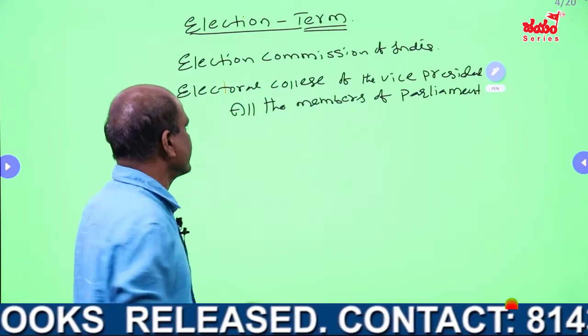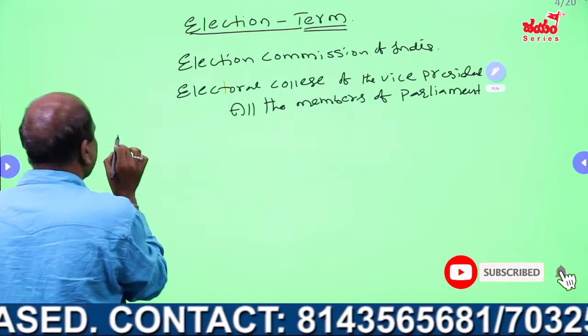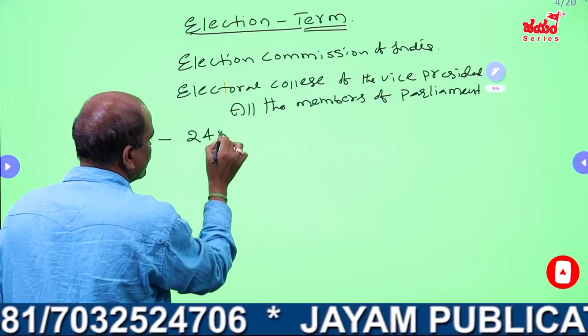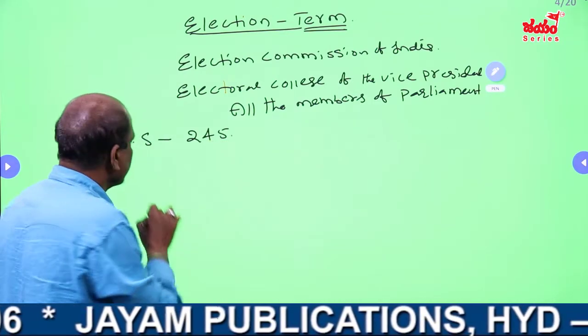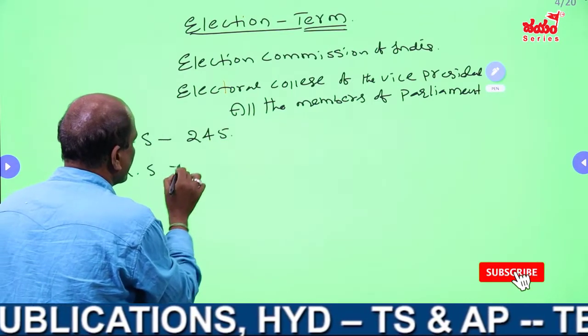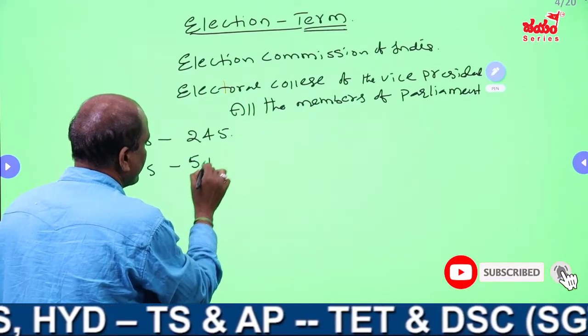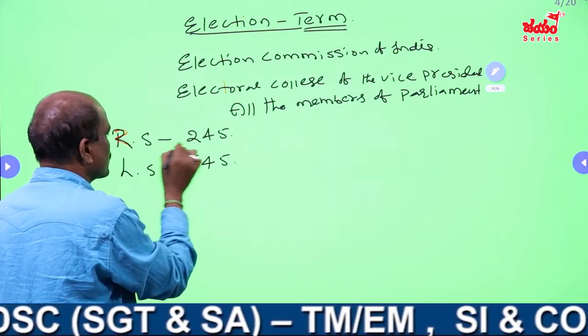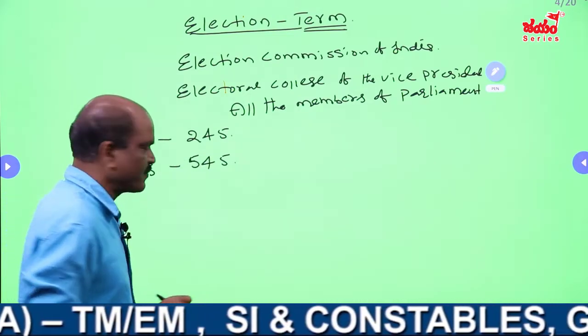Okay. Right. For example, Rajya Sabha total strength is present 245.